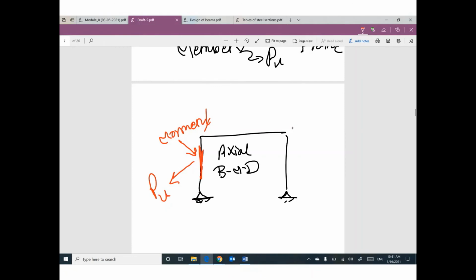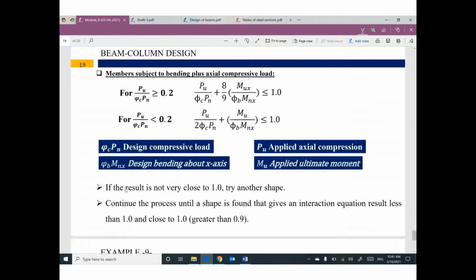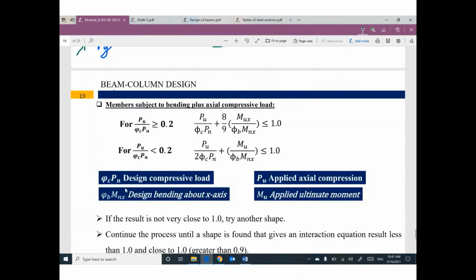So we have a member under the effect of axial load and moment at the same time. This is the beam column design case, a member under the effect of bending and axial compression at the same time. We will use another interaction equation, and I will cover this next meeting.